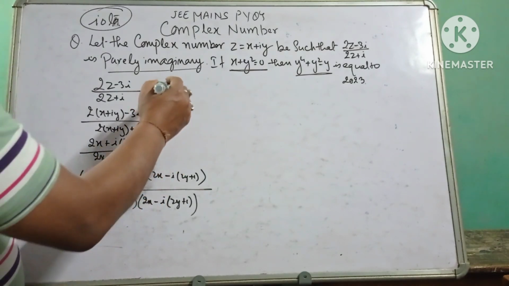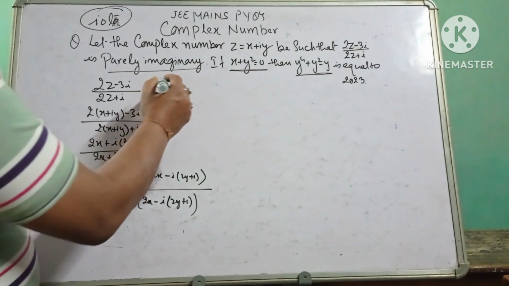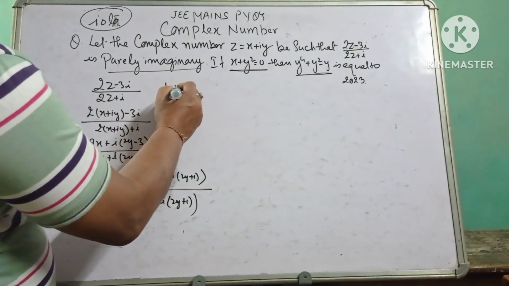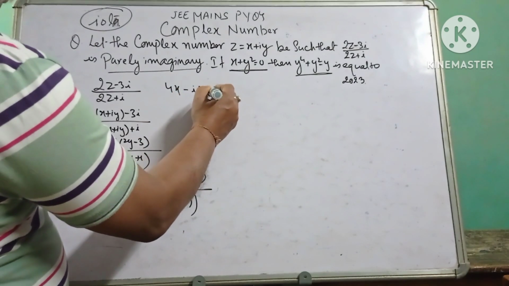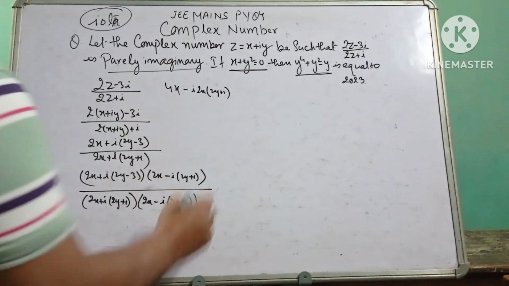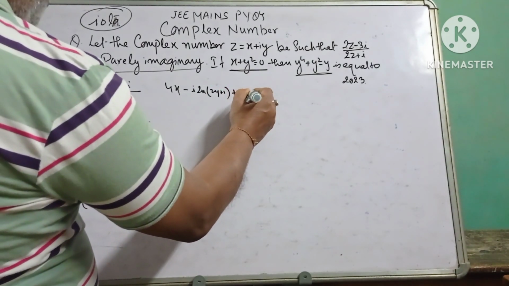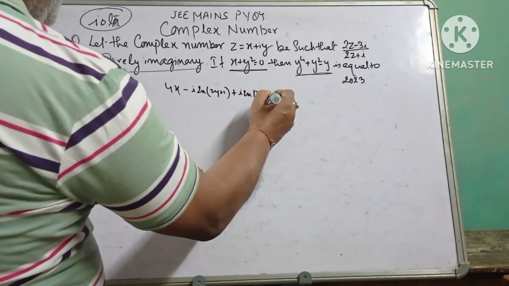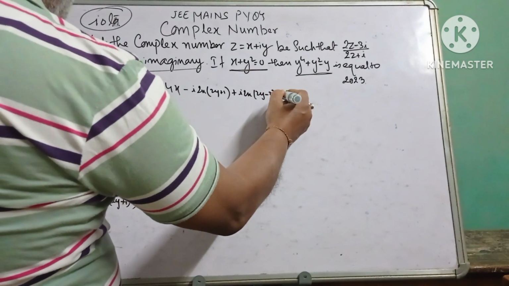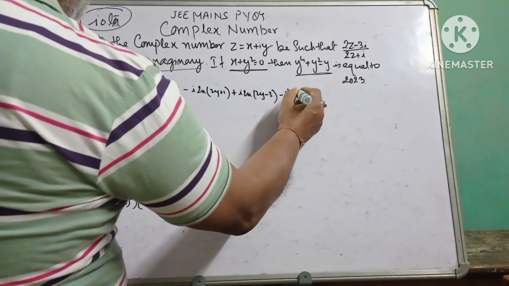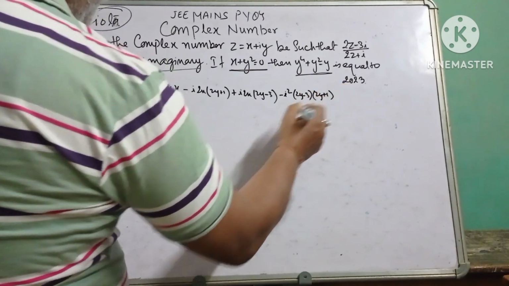So you have to multiply because you have to separate the real part and the imaginary part. So here 4x square minus i 2x (2y plus 1). Now here this will be plus i 2x (2y minus 3), and this comes out to be minus i square (2y minus 3)(2y plus 1).